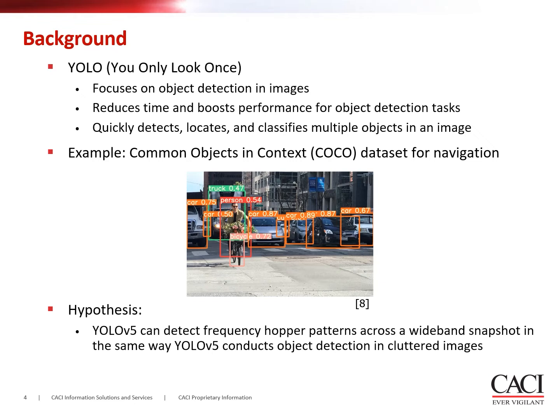This dataset shares similar characteristics of a spectrogram and coincides with a wideband snapshot of a radio frequency environment, where a signal must be quickly located, identified, and processed in near real time to provide continual situational awareness. CACI hypothesizes Yolo can successfully detect frequency hopper patterns across a wideband snapshot, similar to how Yolo conducts object detection in cluttered environments.